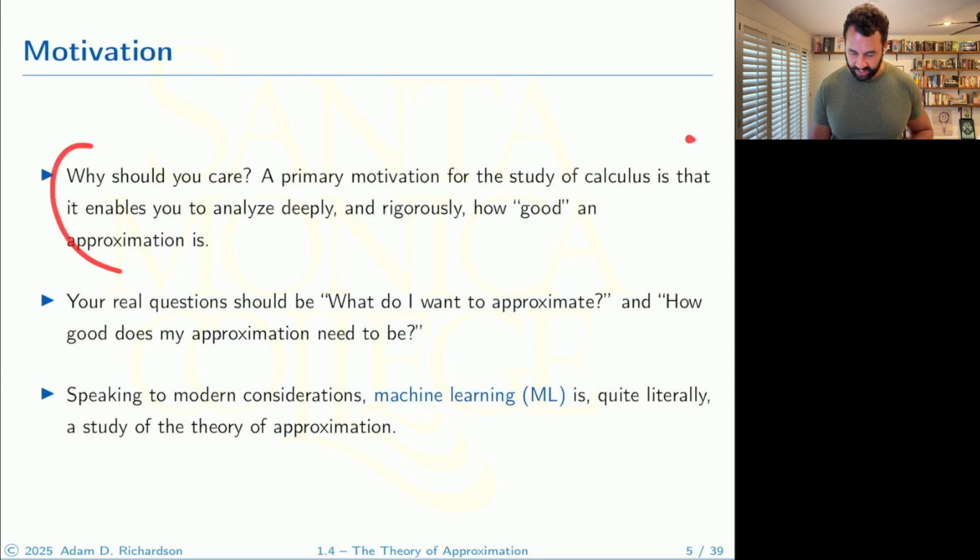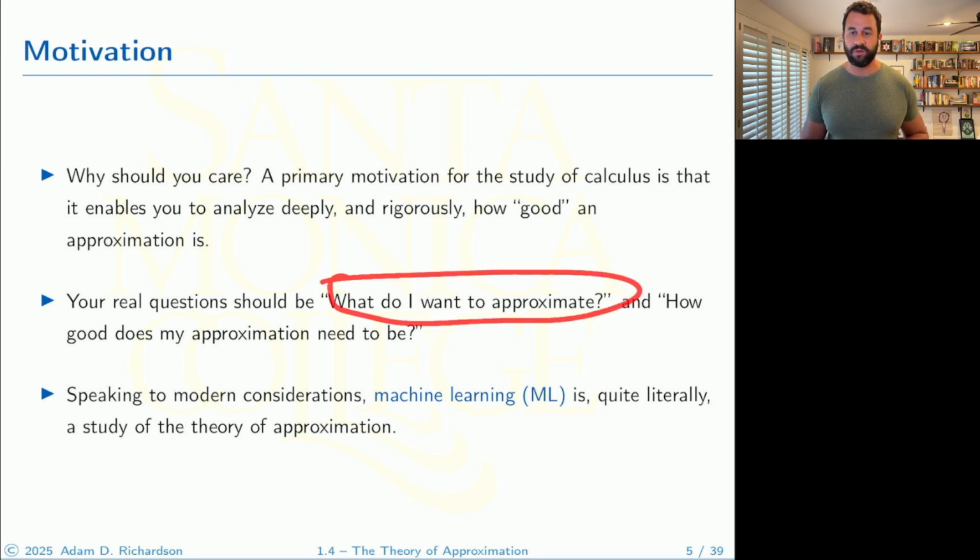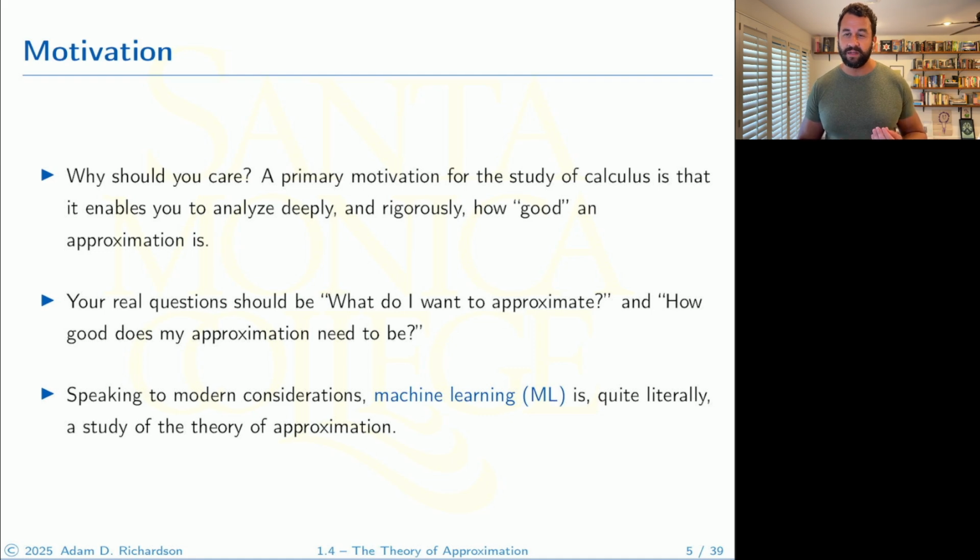So why should you care? A primary motivation for the study of calculus itself is that it enables you to analyze deeply and rigorously how good an approximation is. So your real question should be, what do I want to approximate? And how good does my approximation need to be? Do I just need it to be accurate to the ones place, the tenths place or the hundredths place?